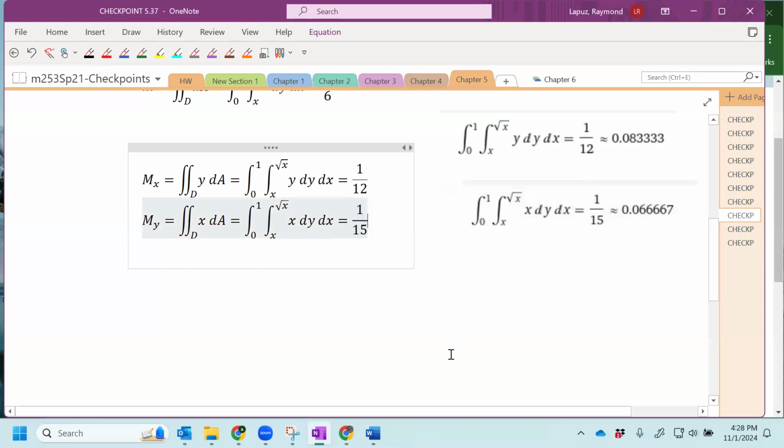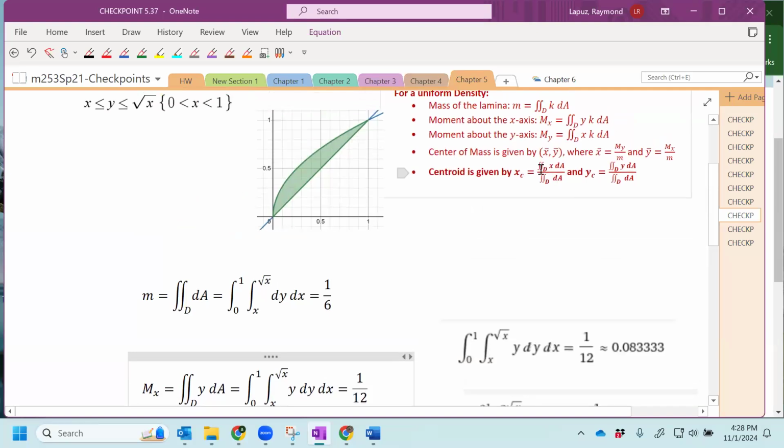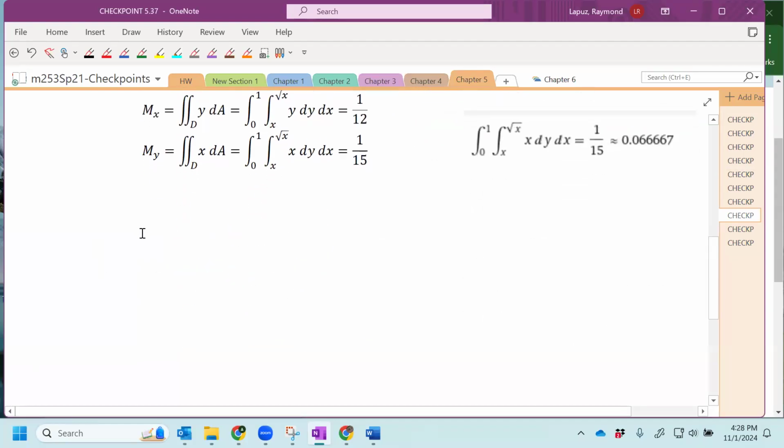Now we have values, and to figure out our centroid, we just put those on top of each other. Just remember that the one with the x is My, so the centroid for the x coordinate is going to be My divided by little m. Let's get this set up.